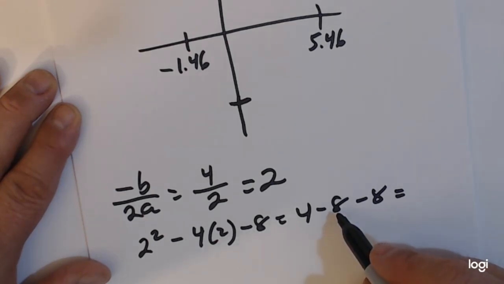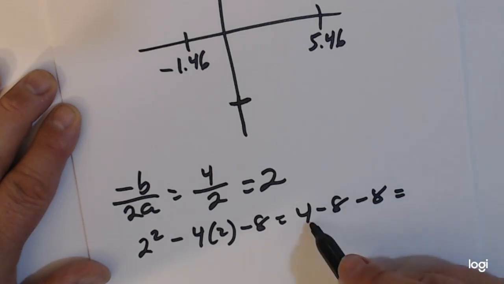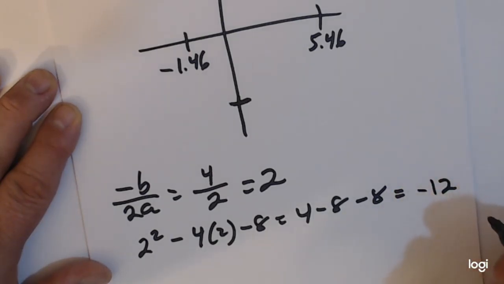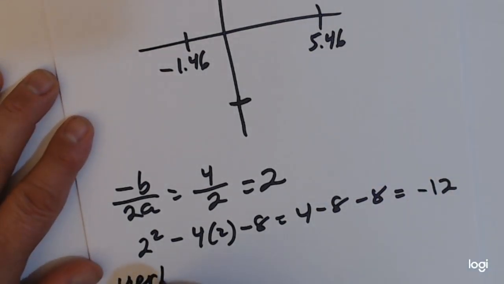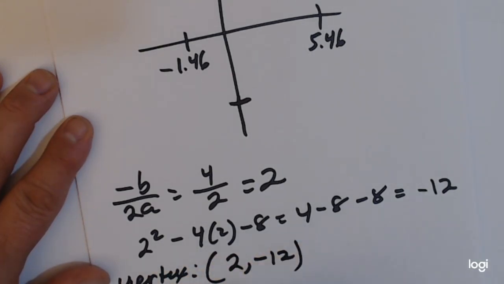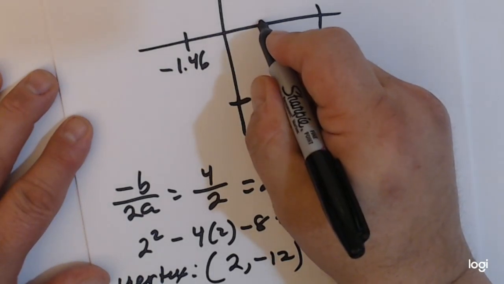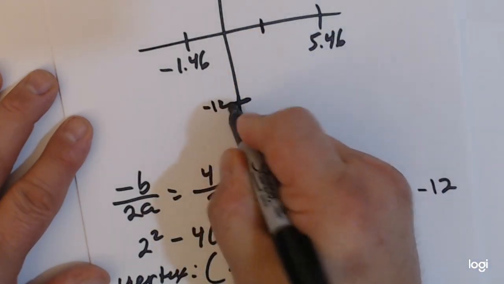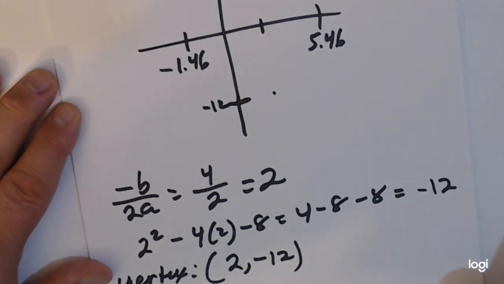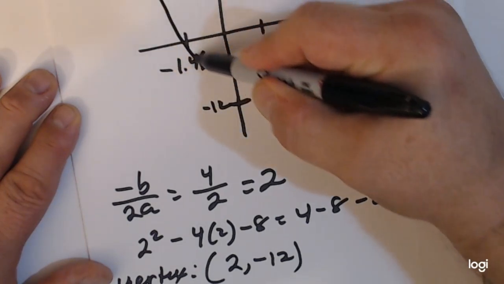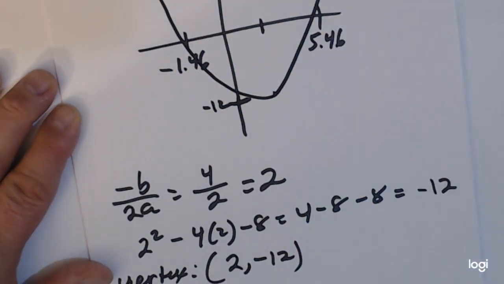I think I made a mistake. Maybe I didn't. Minus 8 and minus 8 is minus 16, plus 4 is minus 12. So the vertex is going to be at 2 comma negative 12. So 2, negative 12. So it's going to look something like that.